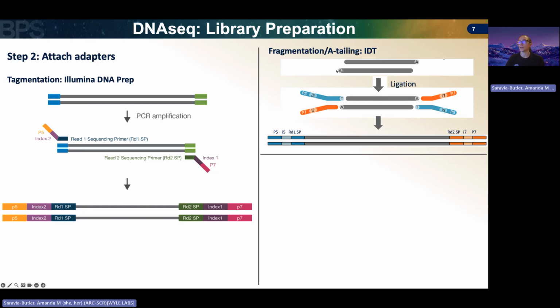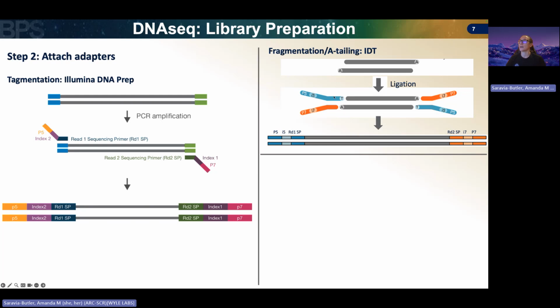That 3' adenosine created a sticky end. DNA does not like to be unpaired, and so we take advantage of those A tails that we have on our 3' ends of our double-stranded DNA and use an enzyme called ligase to ligate on our adapters.